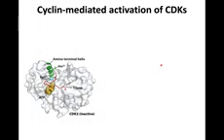Cyclin-dependent kinases, or CDKs, are active only when associated with a cyclin. The crystal structure of cyclin-dependent kinase CDK2 with and without a cyclin reveals the basis for the activation of this enzyme. Now, without cyclin, the structure is shown here.